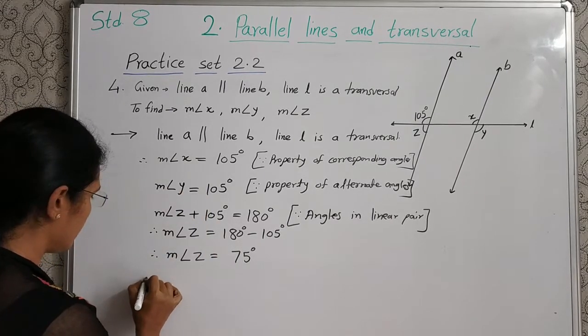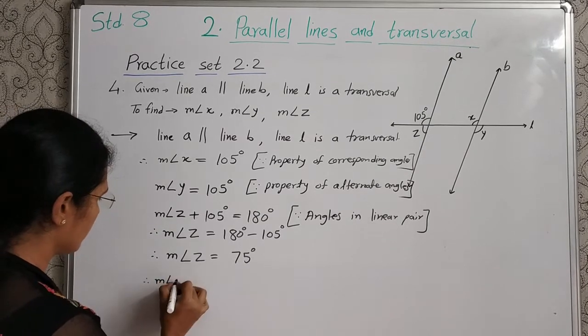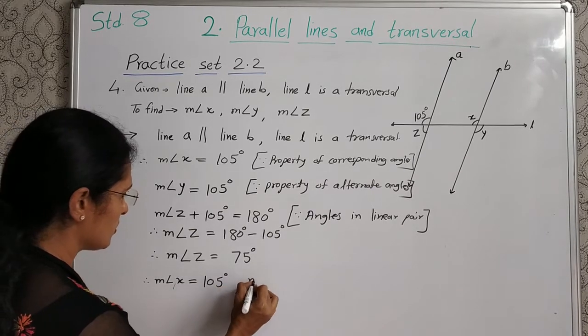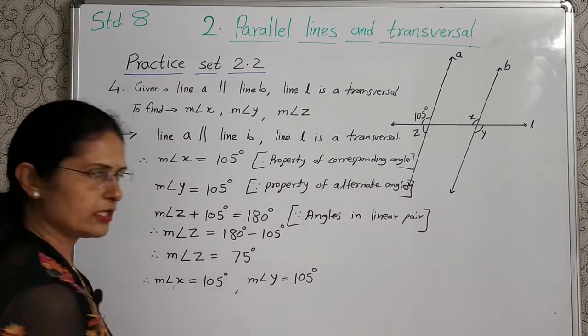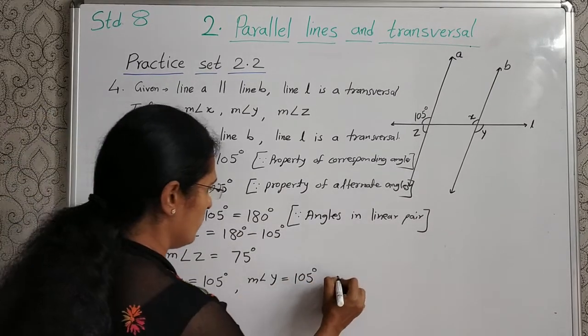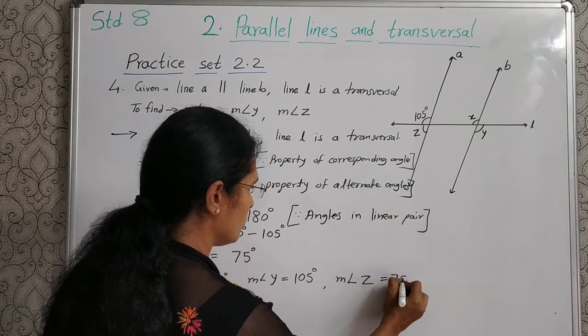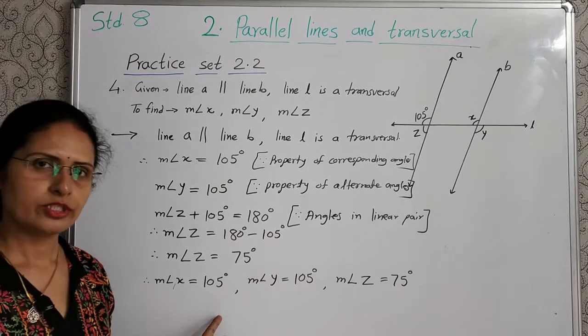So the final answer: measure angle X is equal to 105 degree, measure angle Y is equal to 105 degree and measure angle Z is equal to 75 degree. So this is the answer of question number 4.